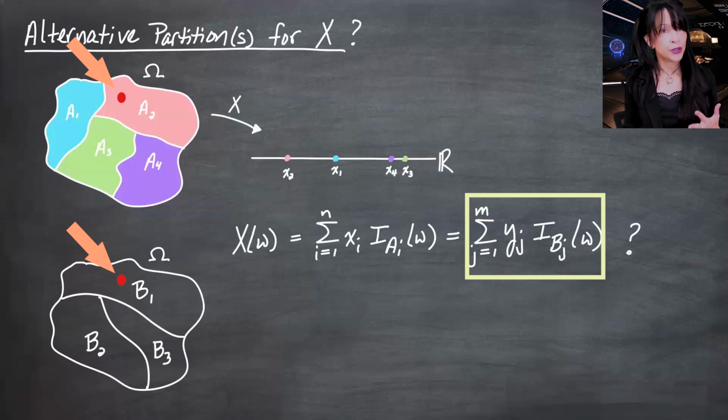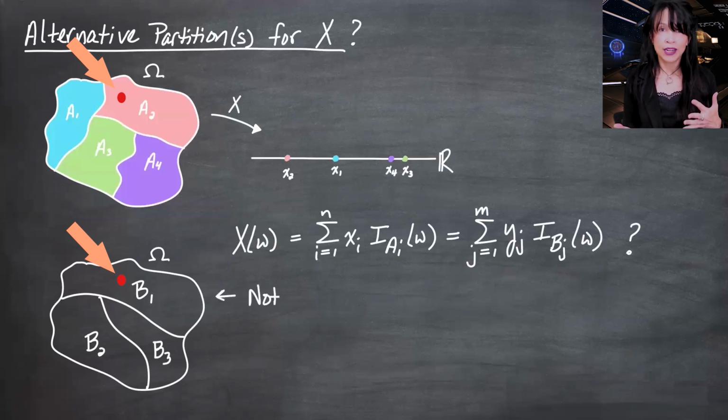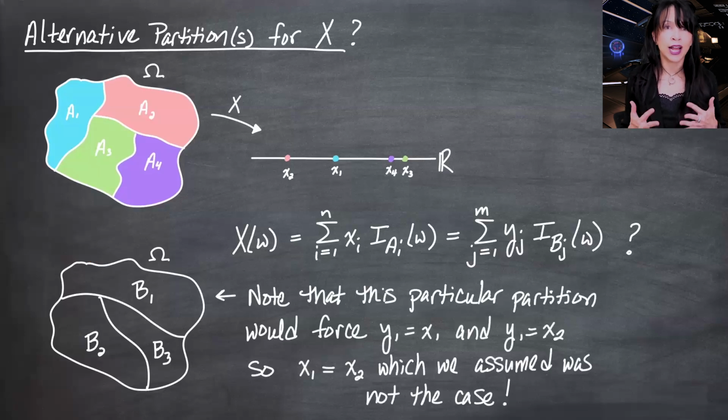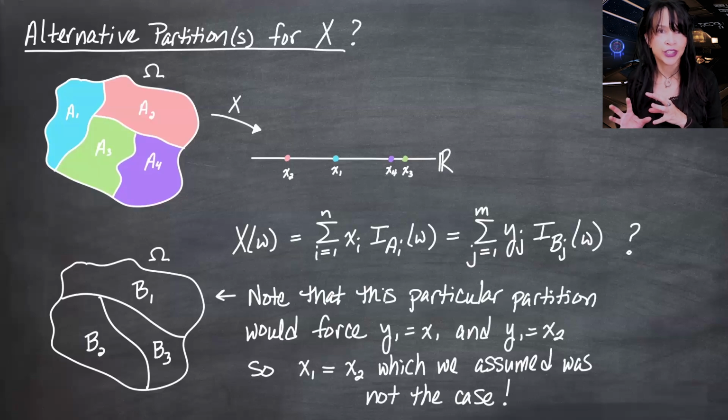This means that little y1 has to equal x2, but we already said that little y1 has to equal x1. This forces x1 to equal x2, which was not allowed in the canonical partition. So the point is, if you have a random variable represented 2 ways, you have conditions locked in on what this partition can look like and what these coefficients can look like.